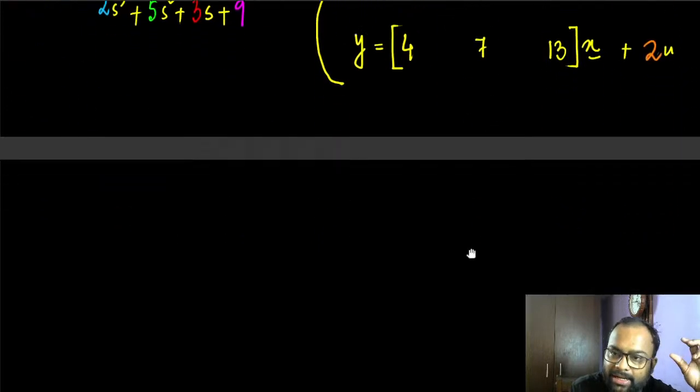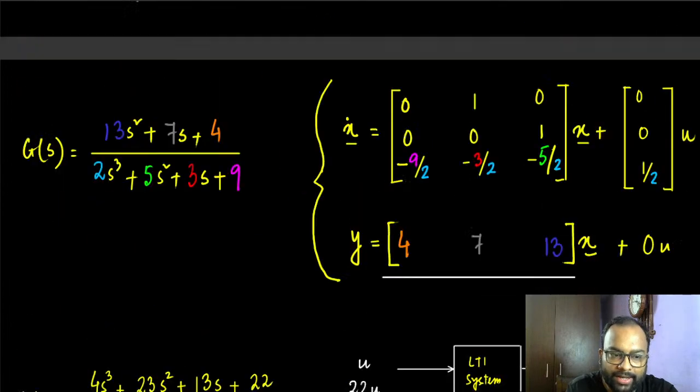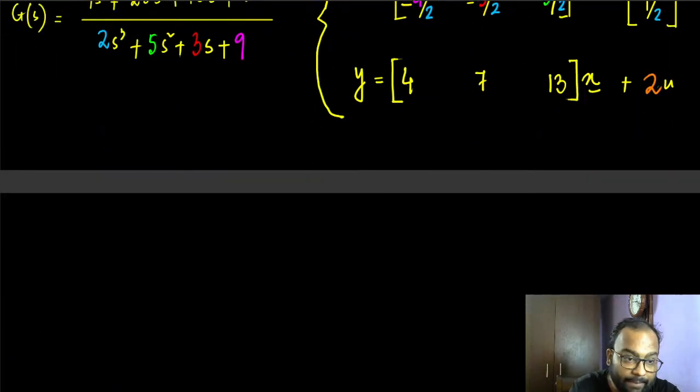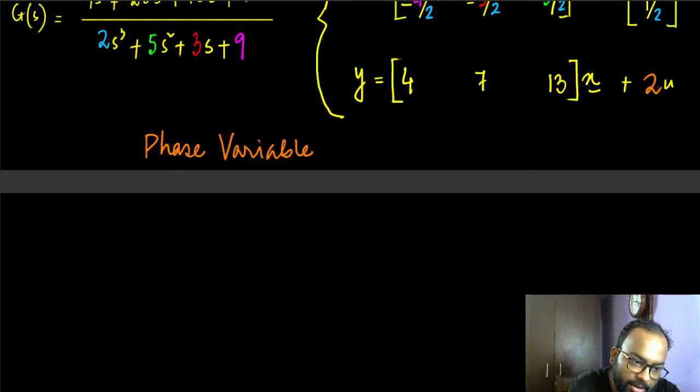The way we have been doing it so far has a very special name. It is called the phase variable canonical form.